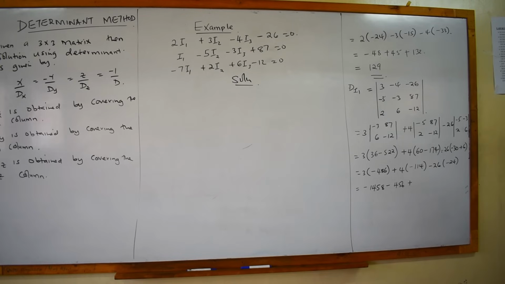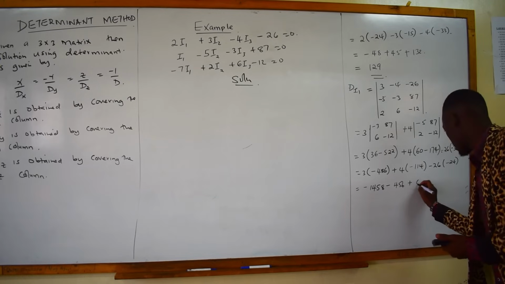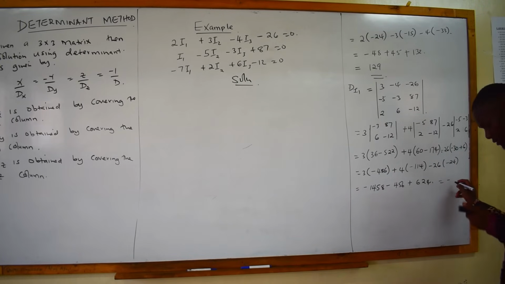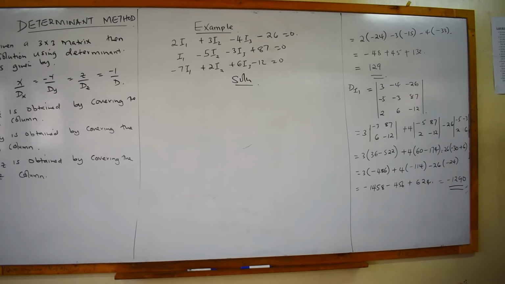Then we have 26 times 24, which gives us 624. Now adding all those terms, negative 1458, then you subtract 456, then you add 624, that gives us negative 1290. So that is your value for DI1.